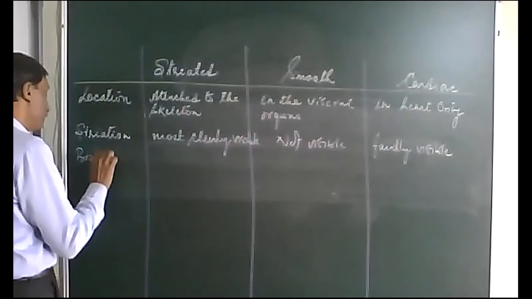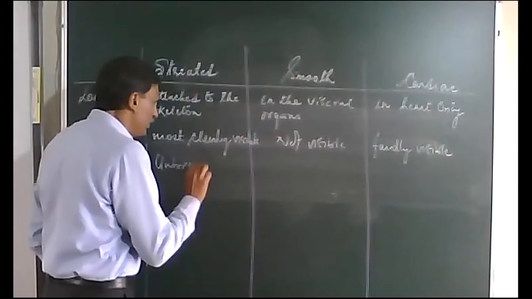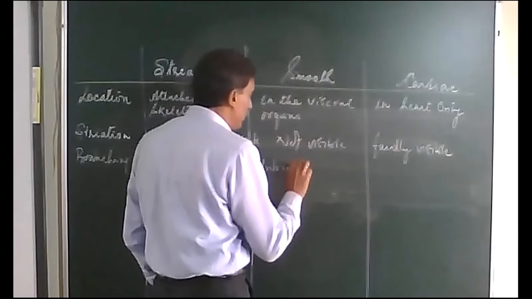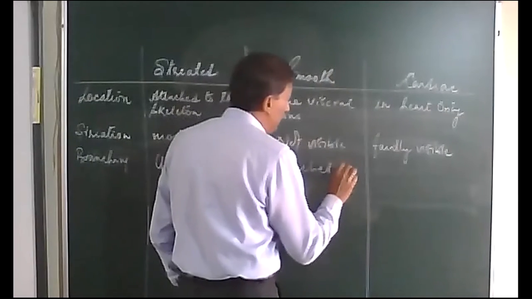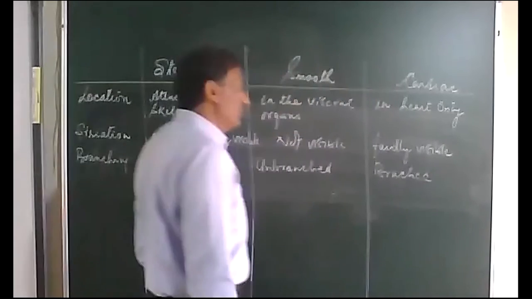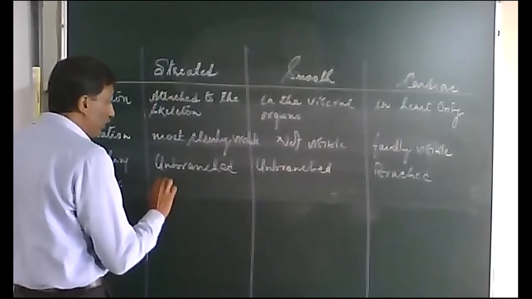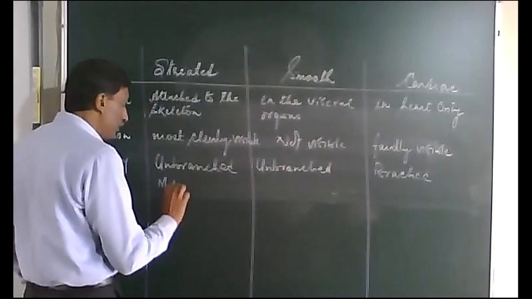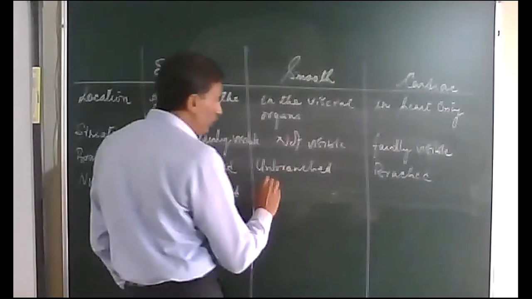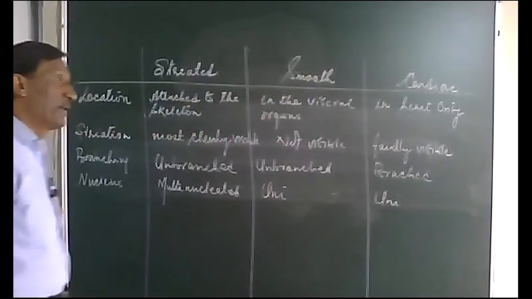Branching: unbranched, unbranched, and this one is showing branching. Nucleus: multinucleated, uninucleated, and these are also uninucleated.